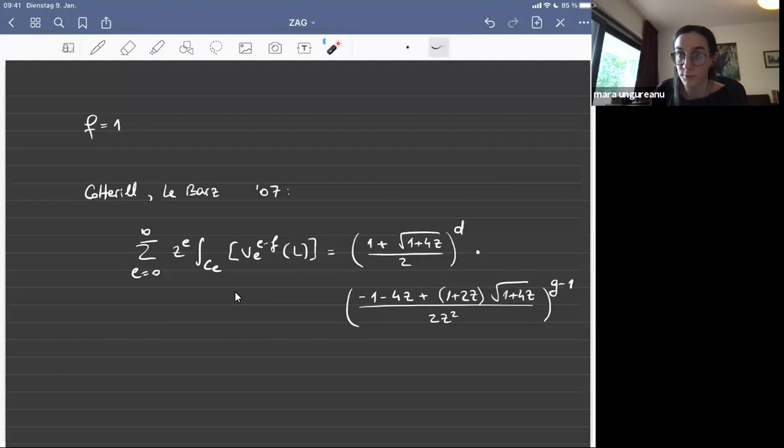When the parameter f is equal to 1, we have some really nice formulas that were found independently by Cotterill and Lopez around 2007. They found this really cool generating function for these classes here. And you see, just as I said, immediately that D and g minus 1 are the only things that show up.